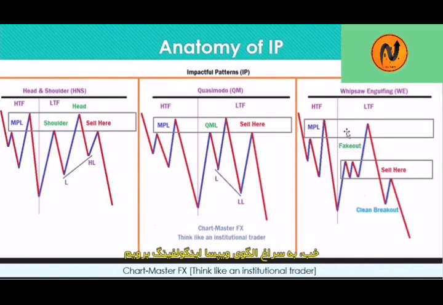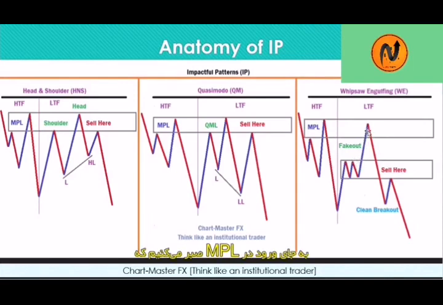So let's go to whipsaw engulfing. On the whipsaw engulfing, the ideology behind this one, guys, is that let's say we have a rally base rally, as we will be having our rally base rally here. So we see here that this is kind of a fake out, in the sense that we have a kind of resistance line where price actually broke this going to the MPL area.